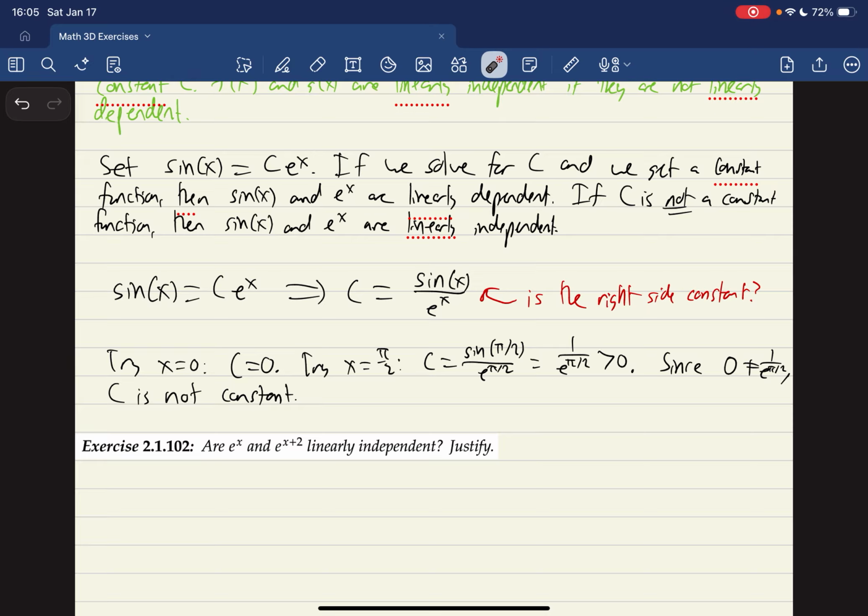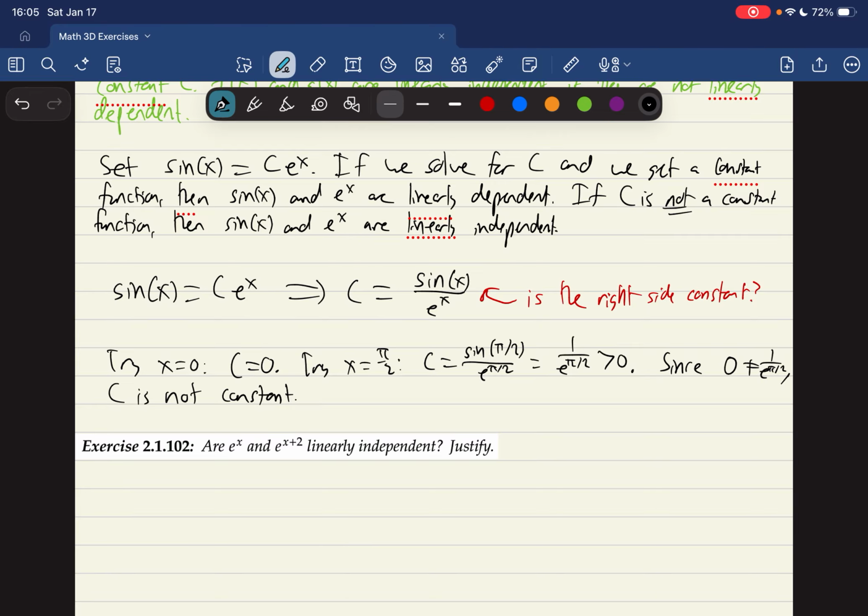So in particular, the value we get when we plug in x equals 0 should be the same as the value we get when we plug in x equals pi over 2. Evidently, that's not the case. So, conclusion, sine of x and e to the x are linearly independent.